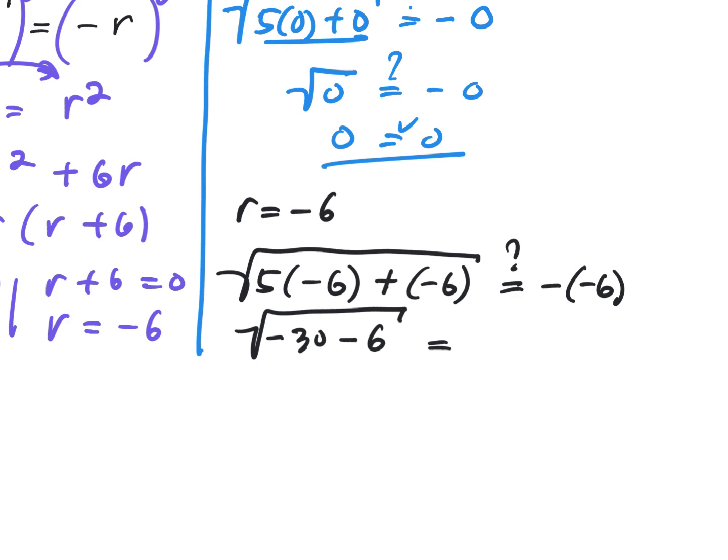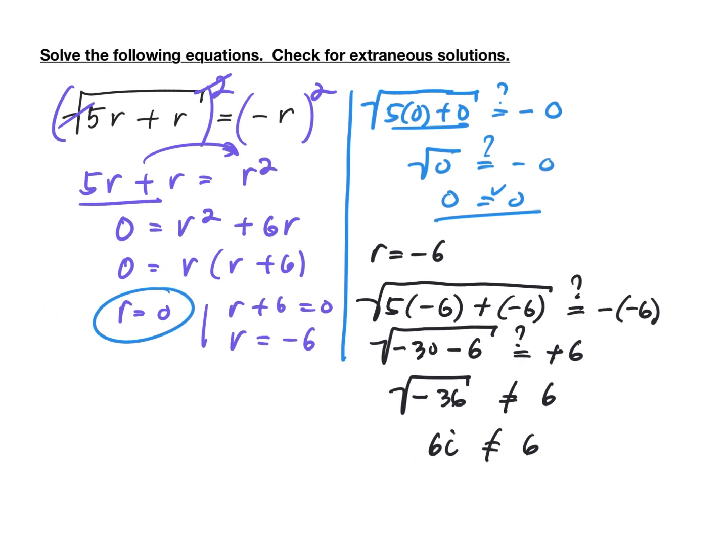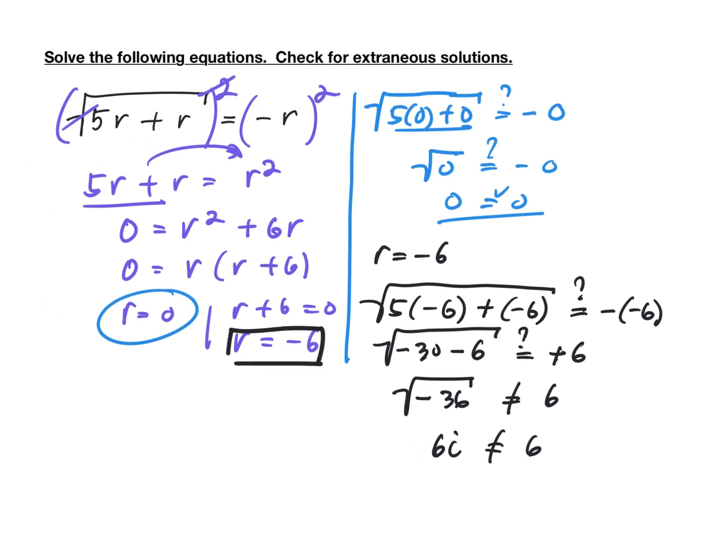On the other side, negative times negative is going to give you positive 6. Are they equal? I don't think so. We can see that the square root of negative 36 is actually 6i in its real nature, and 6i is not equal to 6. Therefore, r equals negative 6 here is your extraneous solution.